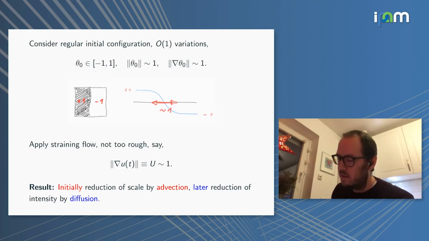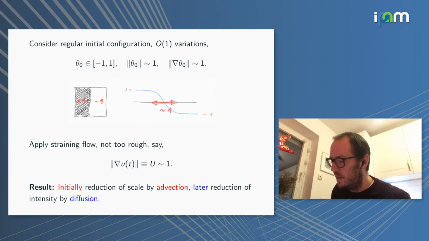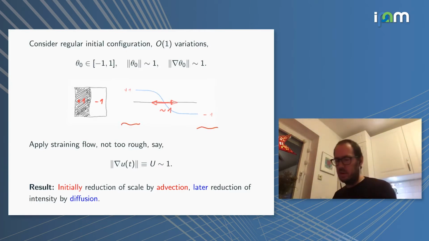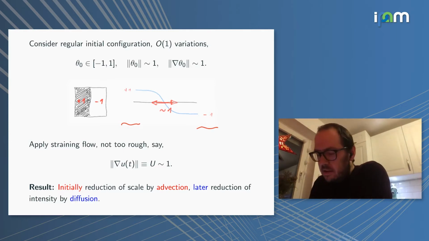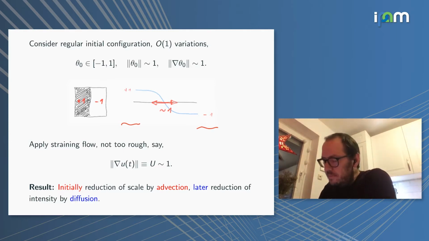In this way, the typical interface between one phase, the +1 phase, and the -1 phase is of order 1. And then let's suppose we apply a regular straining flow, by which I mean also that the enstrophy, so the L2 norm of the velocity gradient, is of order 1.